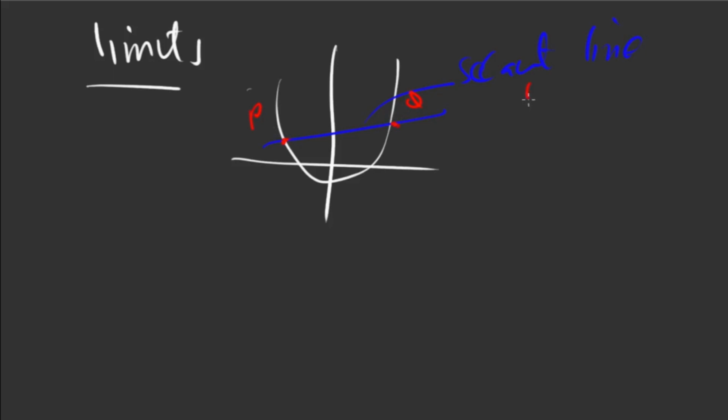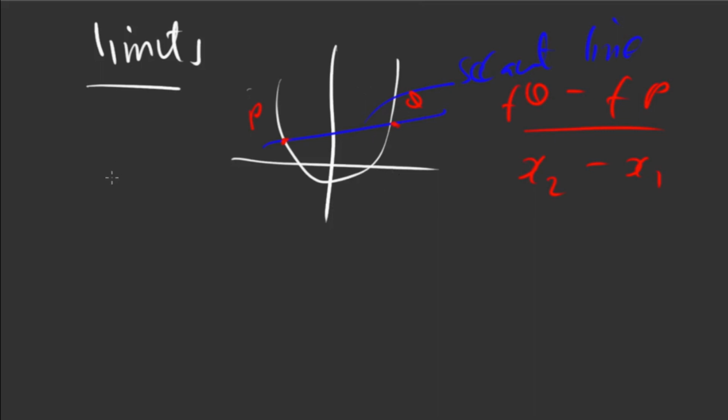If you divide f of Q minus f of P by x2 minus x1, this will give you the average slope of this graph.